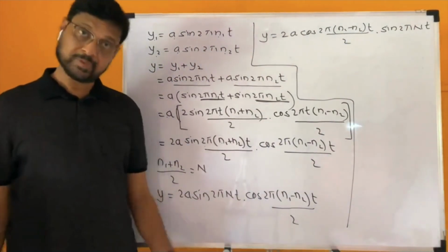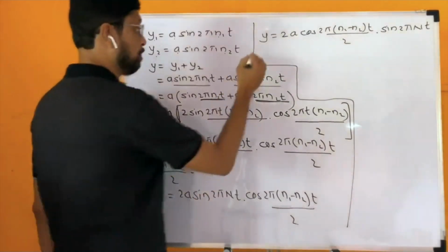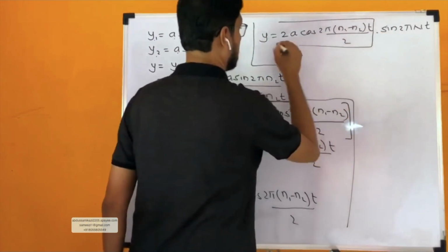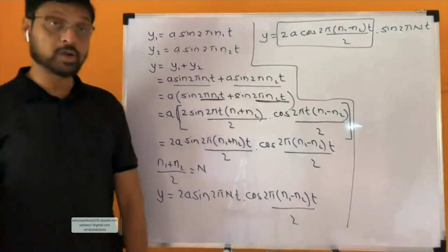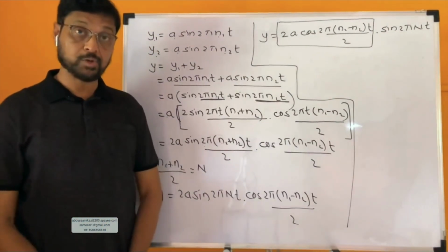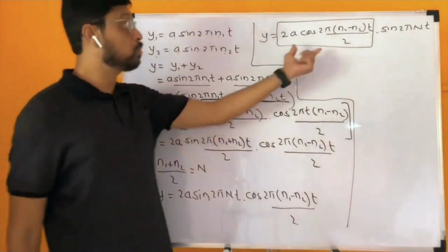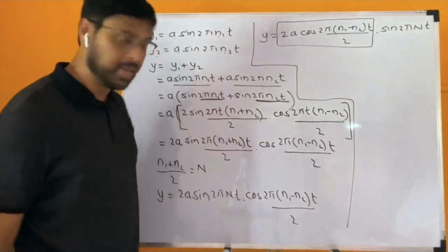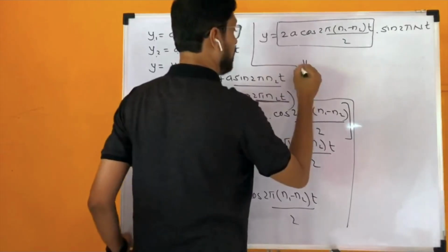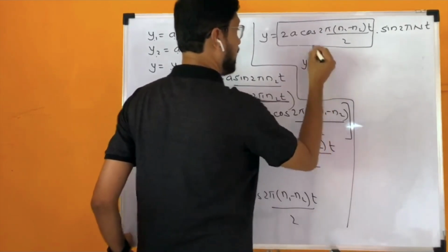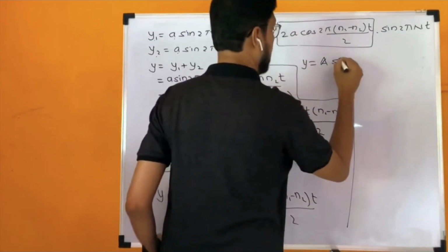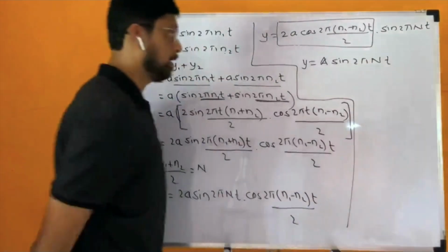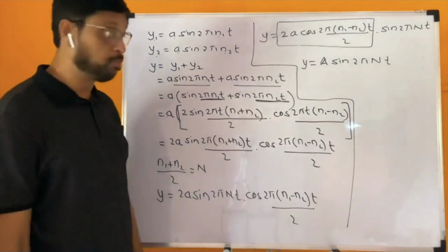Therefore, this term from here to here, meaning 2A cos 2 pi (n1 minus n2) into t by 2, if we call it capital A, what name did we give it? Capital A. So y will be equal to capital A sin 2 pi N t.